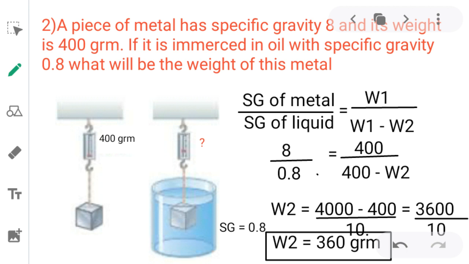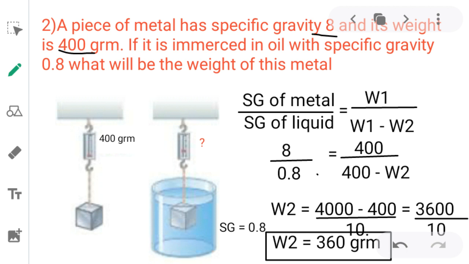In the second problem, it is asked: a piece of metal has specific gravity 8, and it is weighing 400 grams in the air.